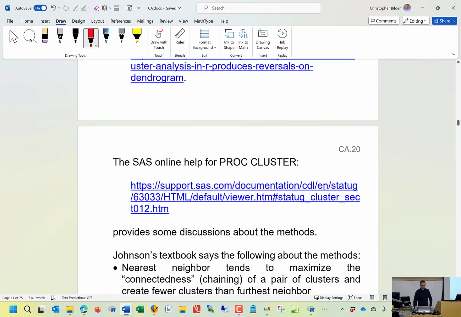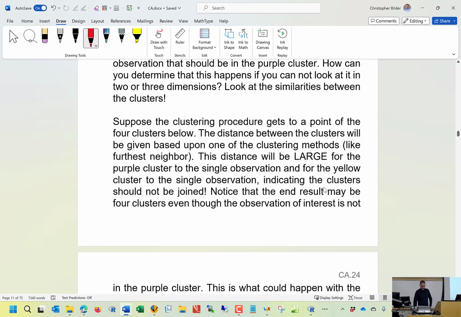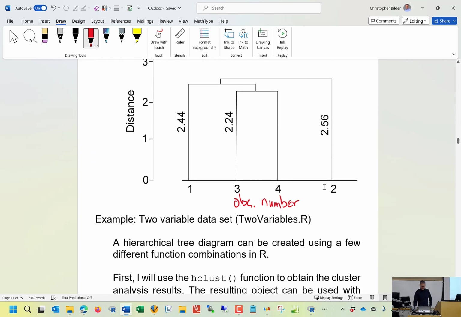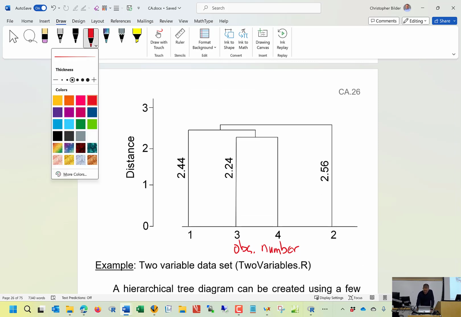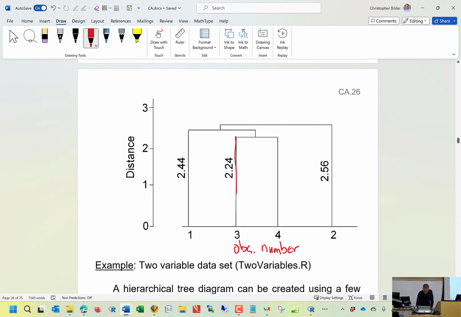So those distances are actually shown in this plot. Again, remember 3 and 4 were joined first. And the way that this is drawn is that we need to show that we have a connection between 3 and 4. And so that's why you see these lines connected like this that connect 3 and 4. Notice it's drawn out to 2.24, which was the distance between those clusters, or in this case, observations.